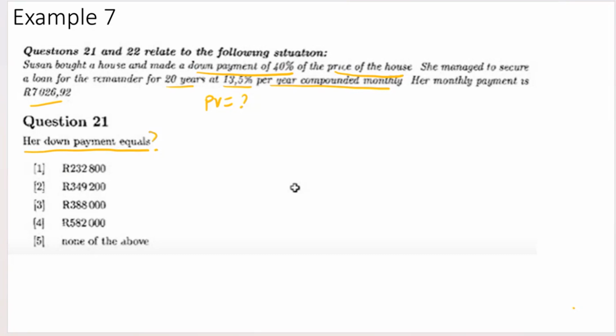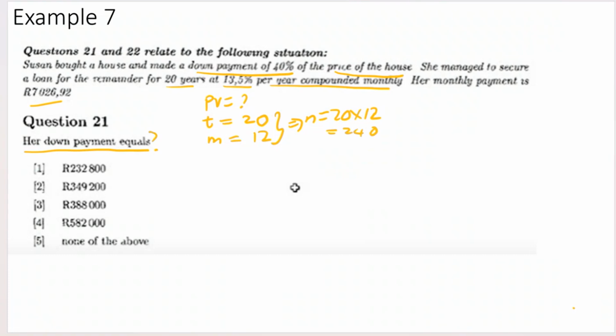You are told that the time is equal to 20. And then the payments are made monthly, so your M is equal to 12. These two imply that your N is equal to 20 times 12, which is 240. That's what we know.